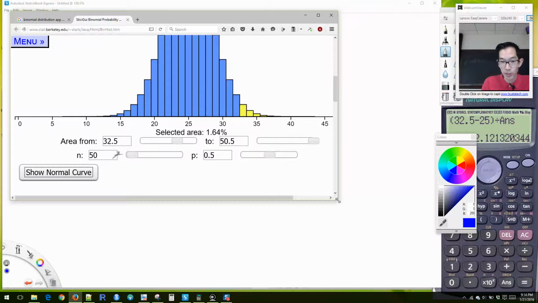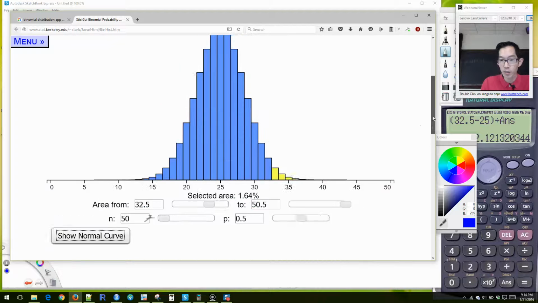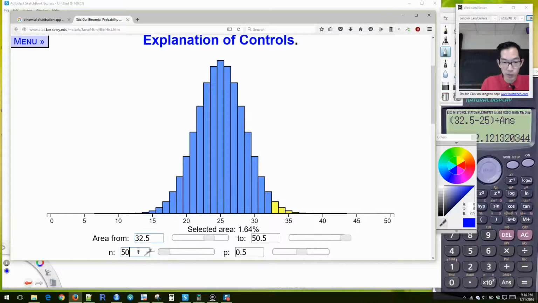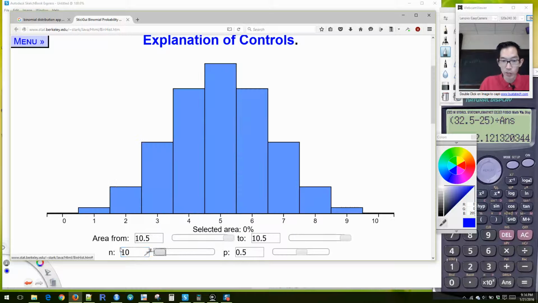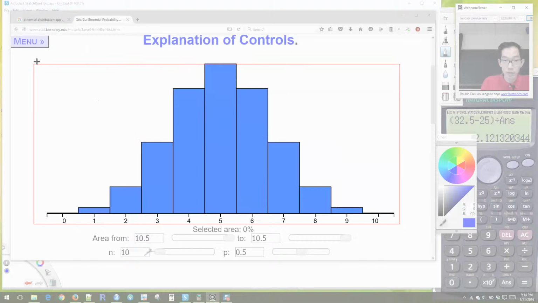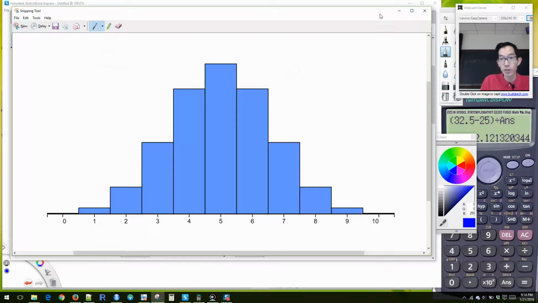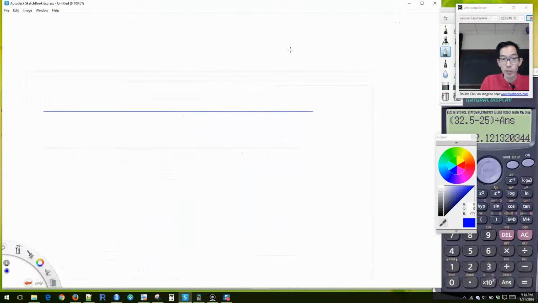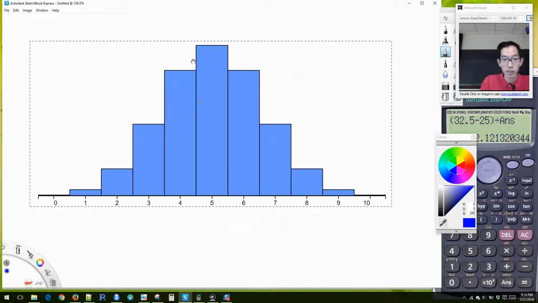Let's try something here. This is not a situation where we would use the normal approximation, but I think here we can get some good insight as to where we should draw our cutoff values.